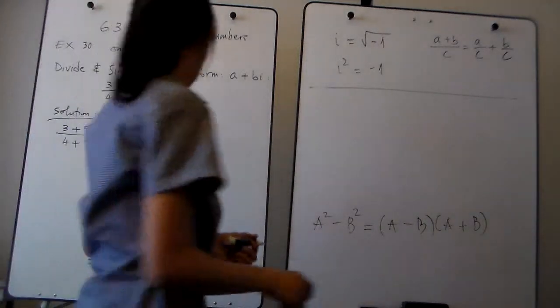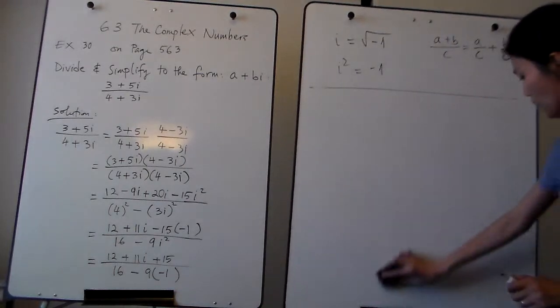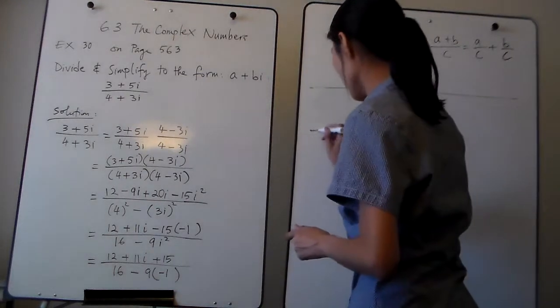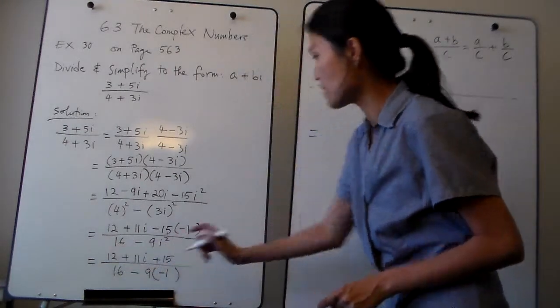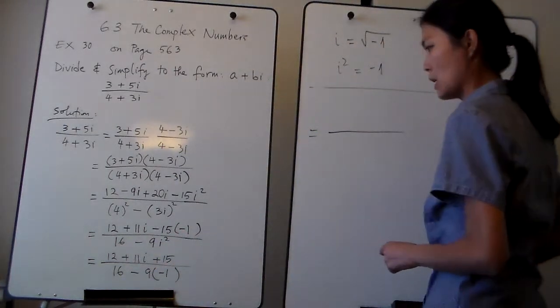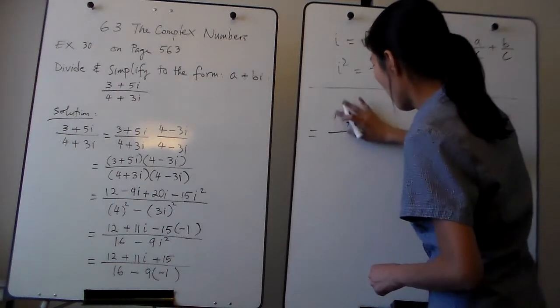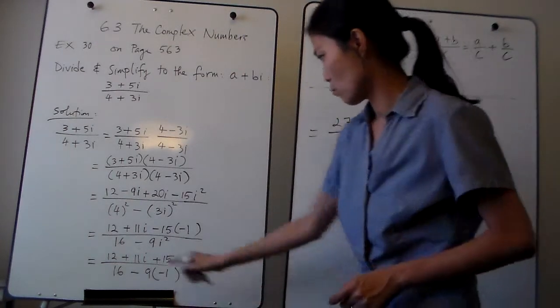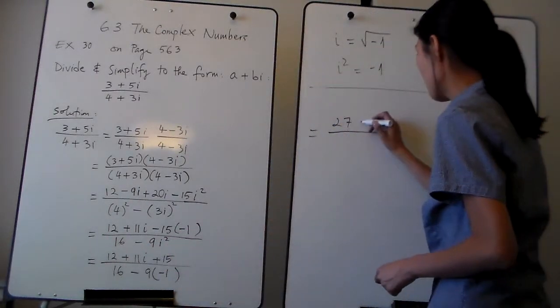You can combine 12 and 15 in the numerator to 27. 12 plus 15 is 27, remaining is plus 11i.